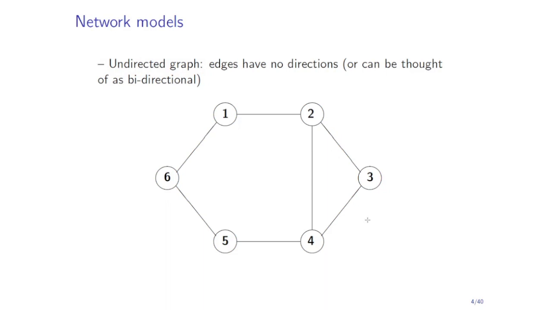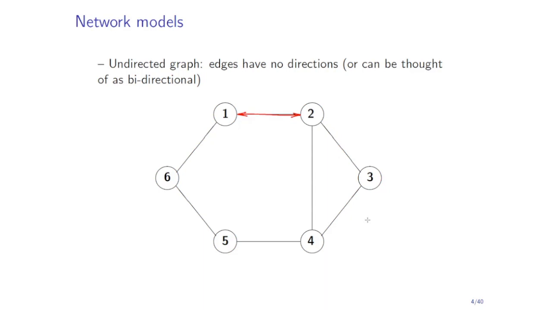If you think of it as a transportation network, for example, it means that it is possible to go from 1 to 2 by this edge, and also from 2 to 1.